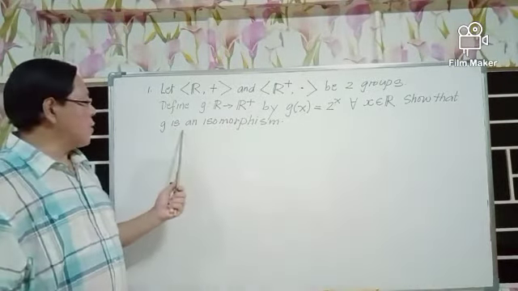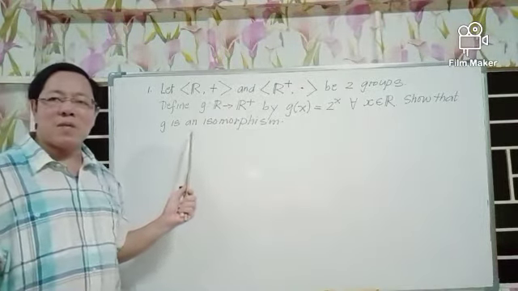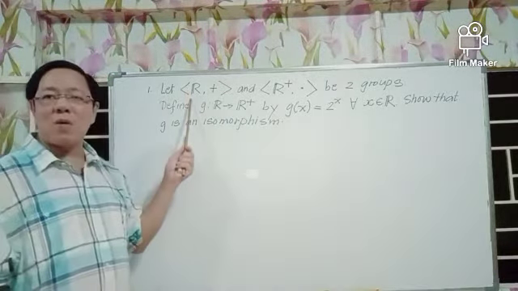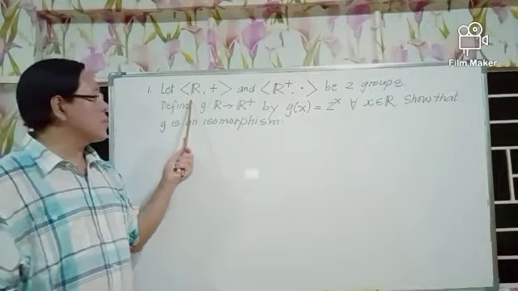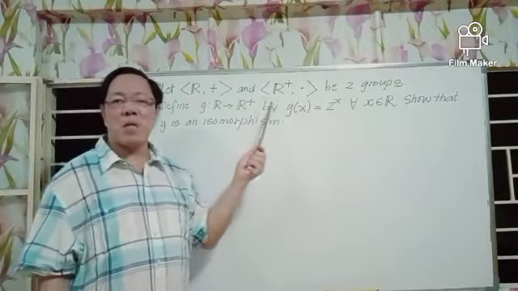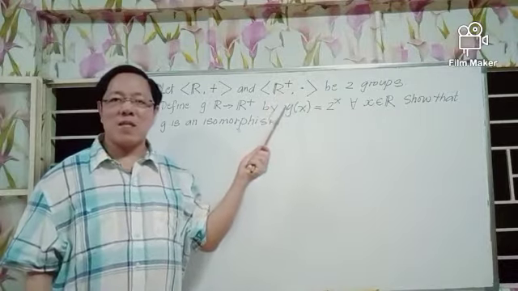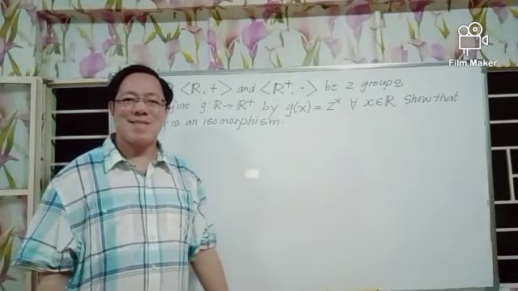And if we have shown that g is an isomorphism, we will conclude that this group R is isomorphic to the set R plus, or the set of positive real numbers.